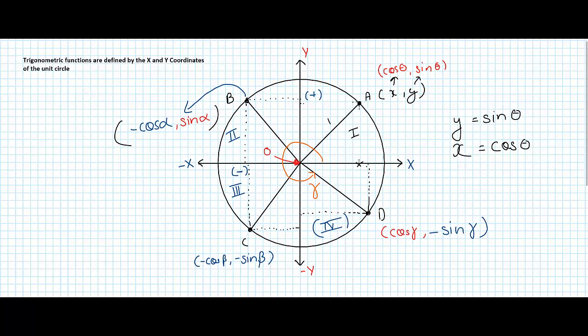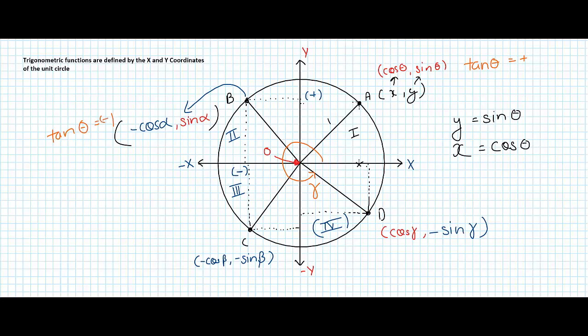What about the tangent function? In the first quadrant, we have sine and cos both as positive, so the tangent is also positive. In the second quadrant, we have sine as positive but cos as negative, so the tangent is negative.